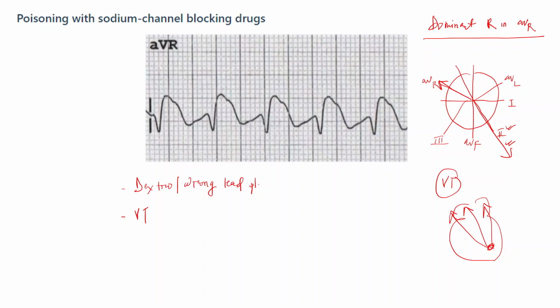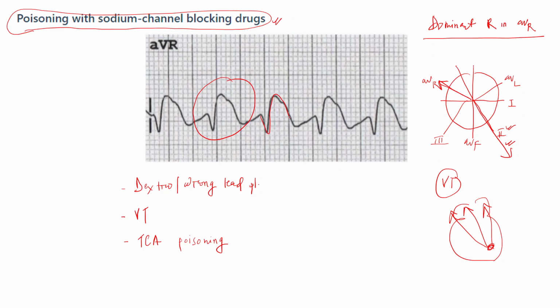Apart from that, a very important cause is poisoning with sodium channel blockers. The most important cause is tricyclic antidepressant. Poisoning with tricyclic antidepressant will cause a dominant R in aVR and a wide QRS complex, something like this.